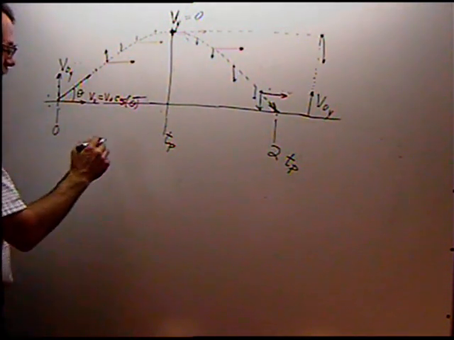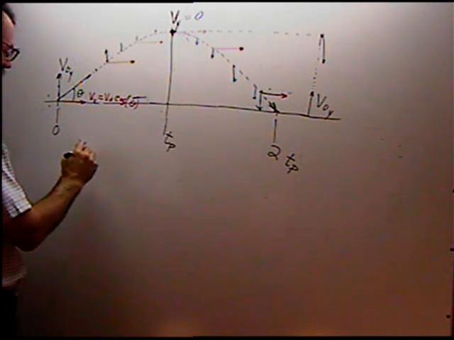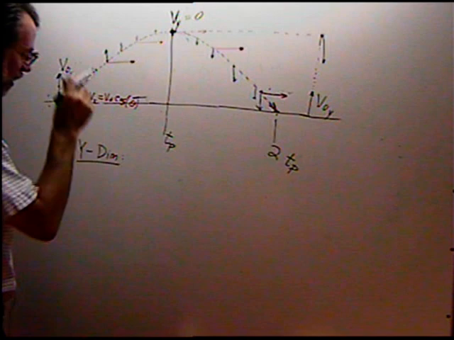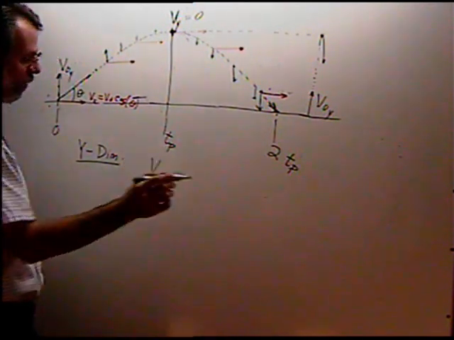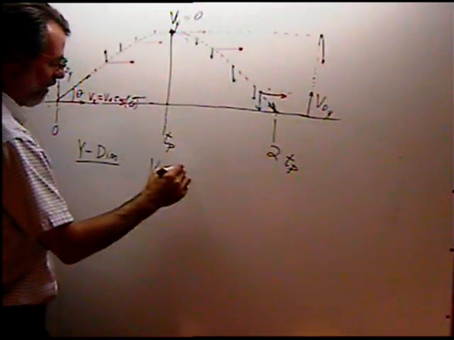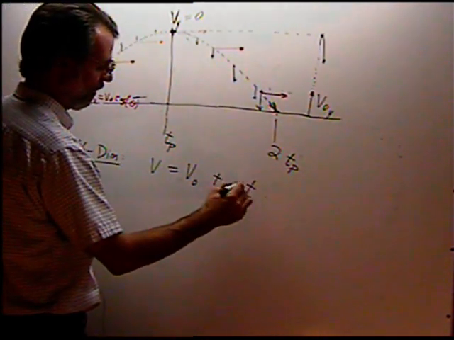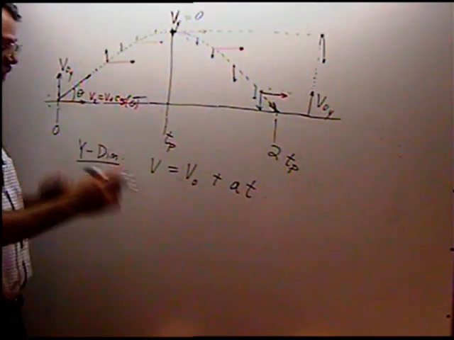Well, in the y dimension, what do we know? We know the equation that says the velocity is the initial velocity plus at. Now let's apply it to the y dimension.